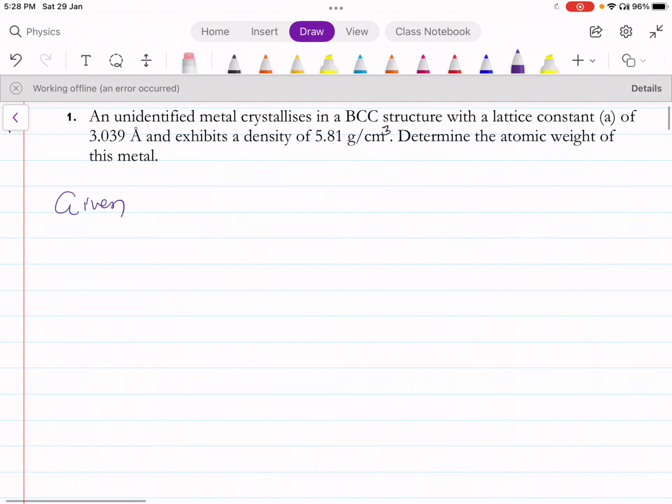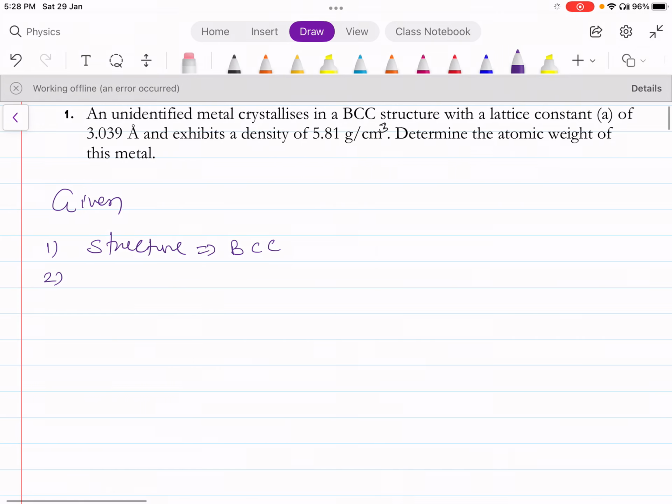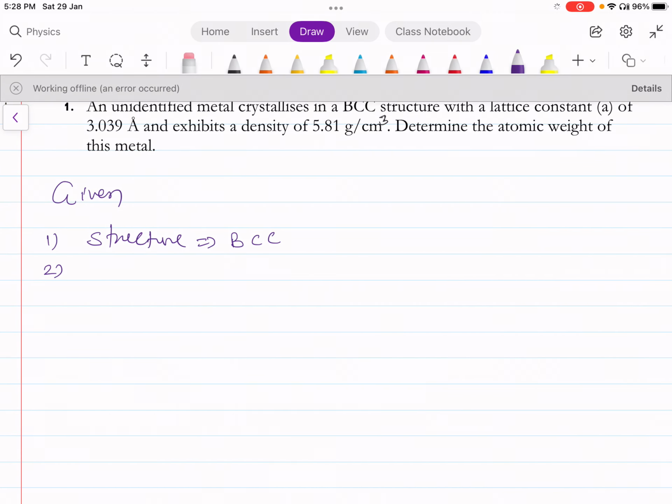So in this numerical, let's see what the given quantities are. The structure is given: BCC. When the structure is BCC, it means effective atoms per unit cell is 2.